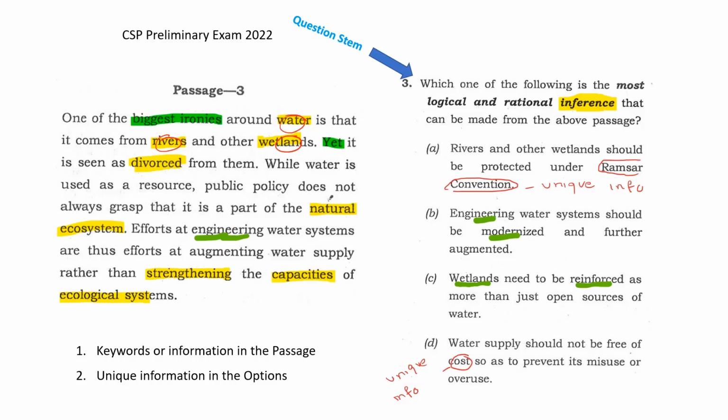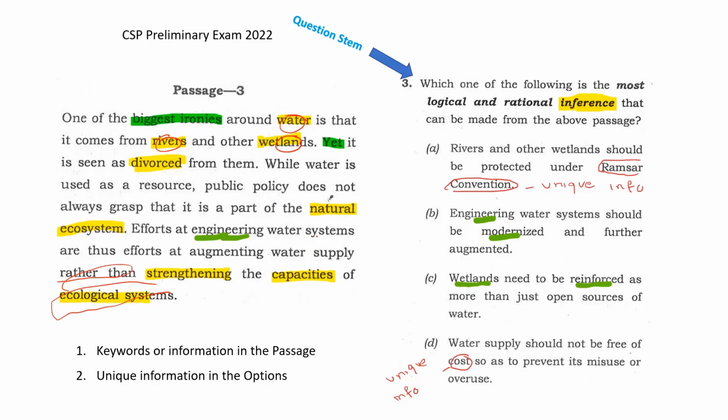Efforts at engineering water systems are thus efforts at augmenting water supply. So usually what is happening? Augmenting means we are supporting, strengthening water supply, how we can supply more water, rather than strengthening the capacities of ecosystems.